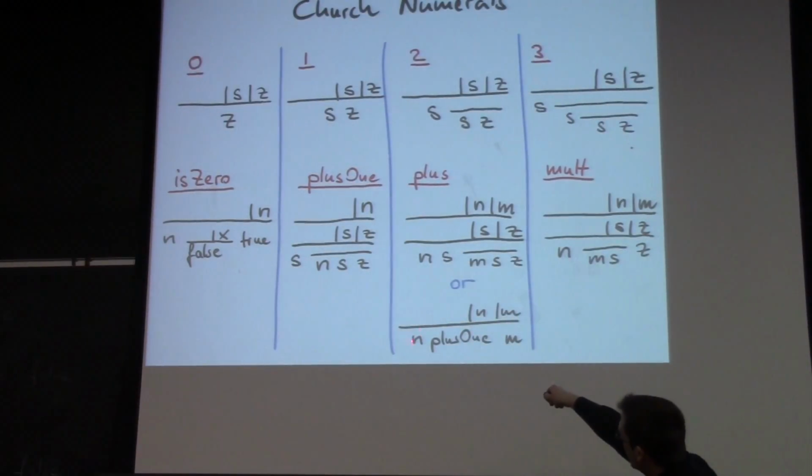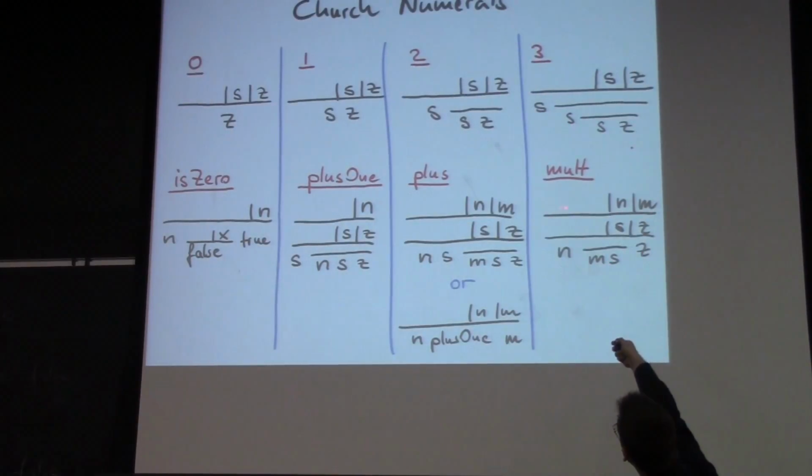So if you write something like n and let it eat plus 1, it will do plus 1 n times. And it will do this to the second argument, which is an m. So what we end up doing is we take m, and then we add 1 to it n times. So in the end, what we get is n plus m, which is what we want.